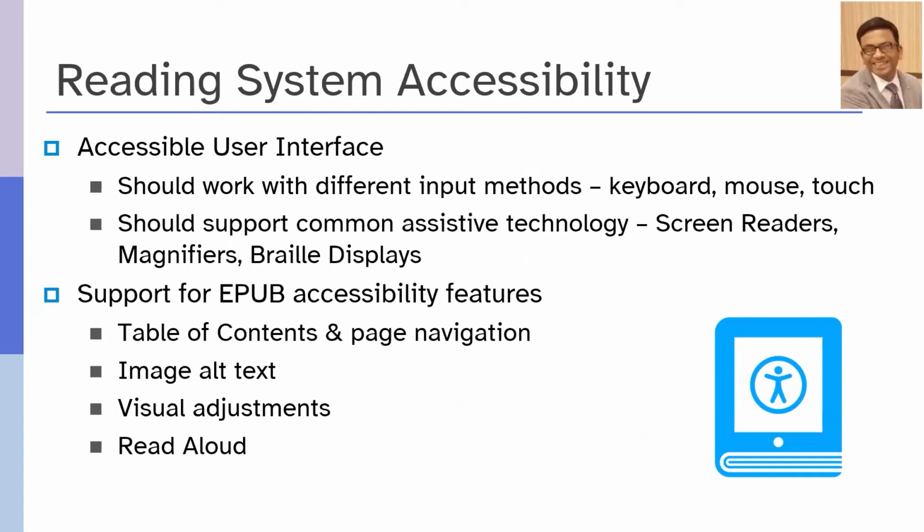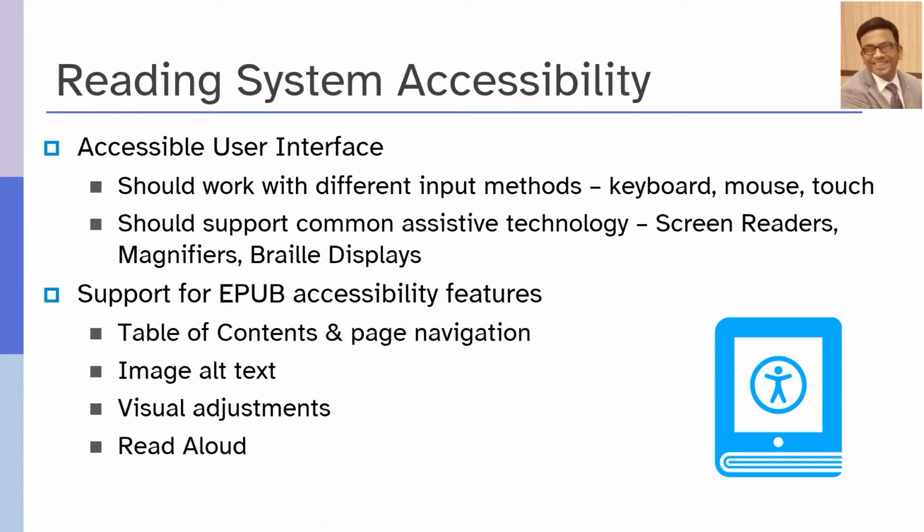People with different disabilities, based on their capability, sometimes use a modified keyboard or a trackball or a touch screen to interact with the reading system. So the application needs to support the various input methods. It also needs to support common assistive technology, such as a screen reader, magnification tools, and braille displays.